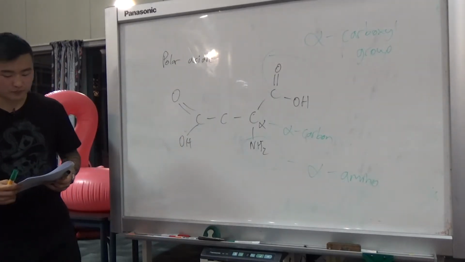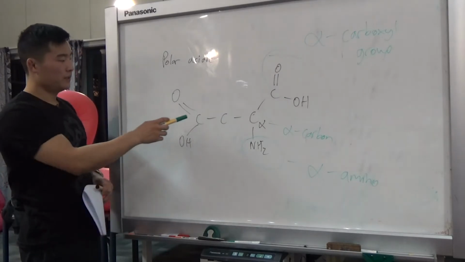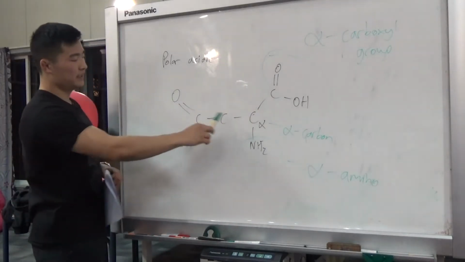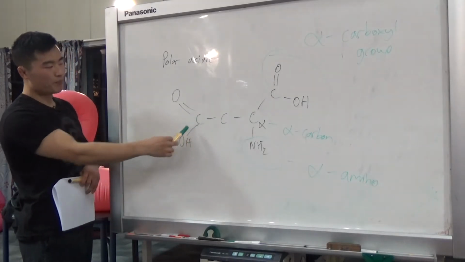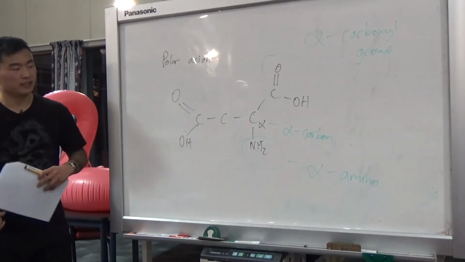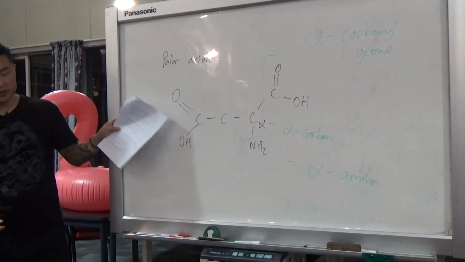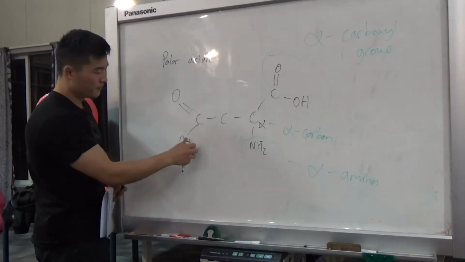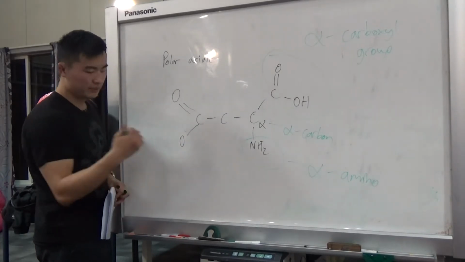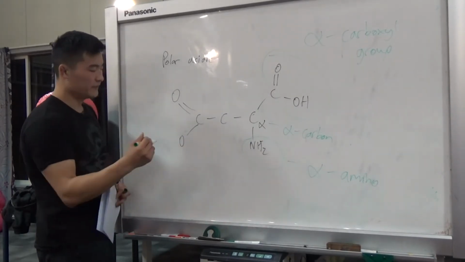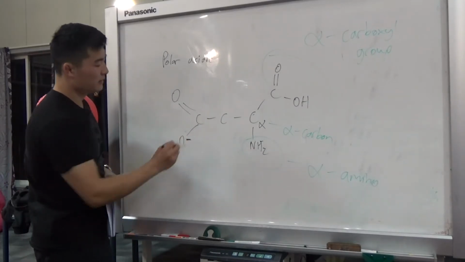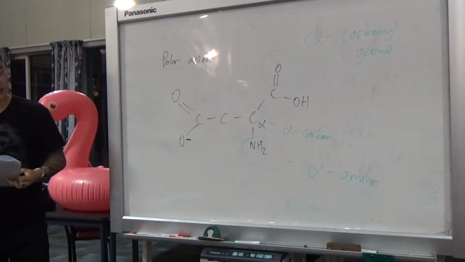That means that this here is the side chain, and the side chain has a carboxyl group on it. Under normal circumstances, at a pH of 7, it's going to be deprotonated, right?